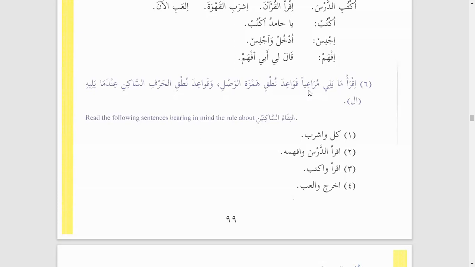Nutq, nataqa yantiqu, wa ma yantiqu 'anil hawa. So nutq is the masdar. So the rules of the pronunciation of hamzatul wasl. Nutq will be translated as pronunciation. And the rules of the pronunciation of the sakin or vowelless letters.